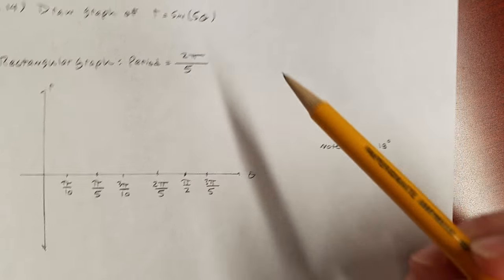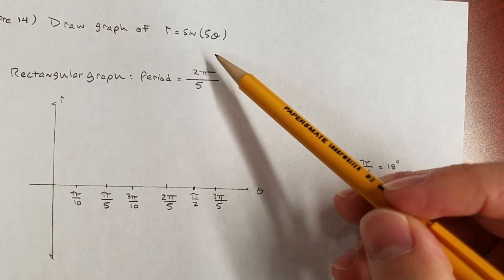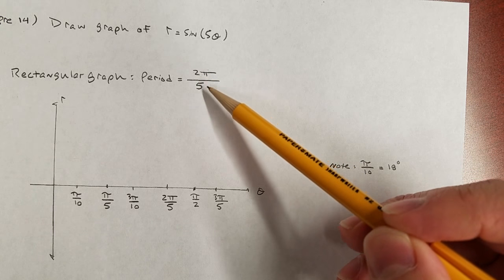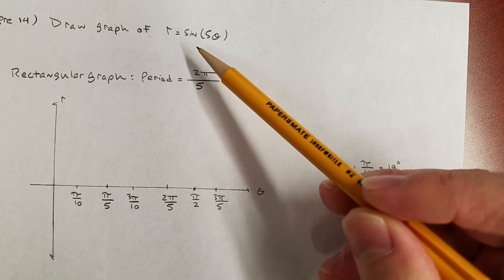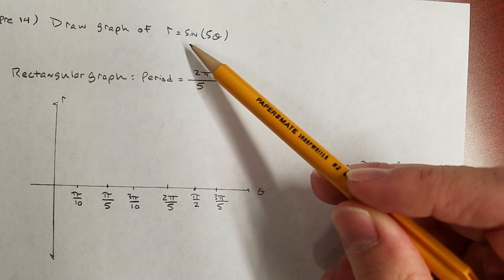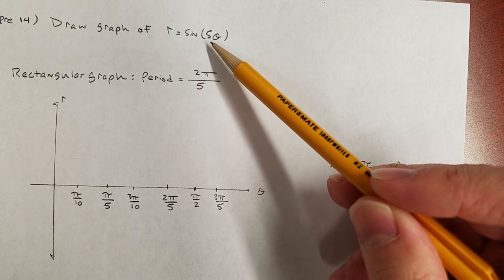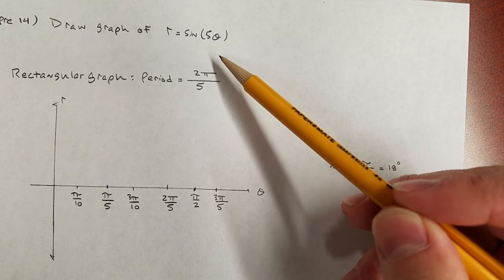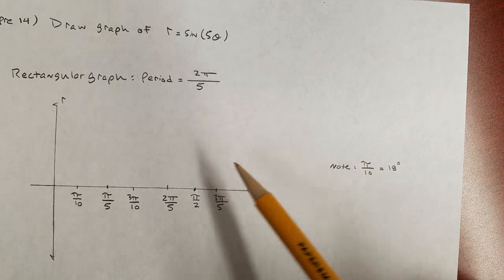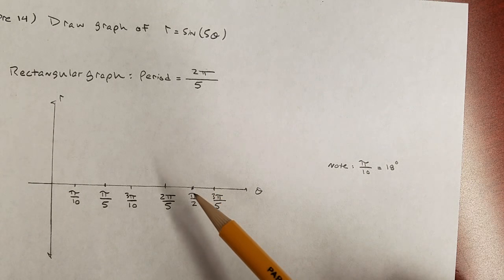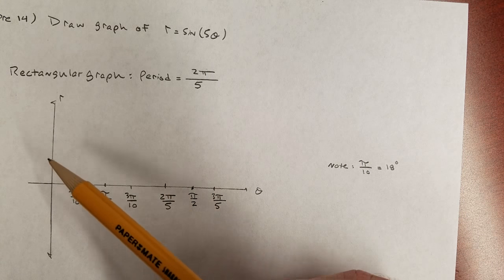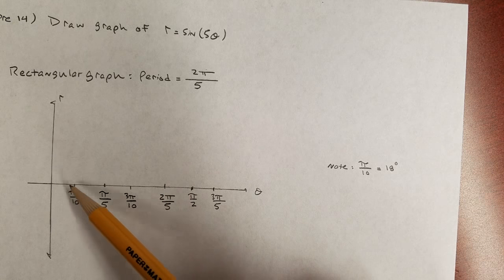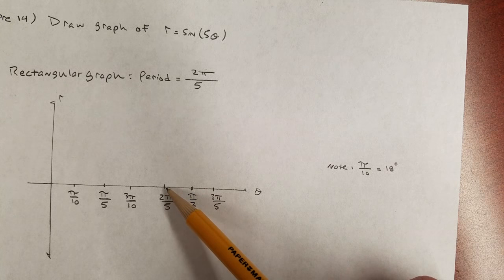Okay. So I noticed it's a sine wave. It has a period of 2 pi over 5. 2 pi is the standard normal period of sine theta. That multiplier of 5 will alter the period, and the period will become 2 pi over 5. So when I drew this graph, here's what we do. The sine wave completes its cycle from 0 to 2 pi, and we'll just divide it into fourths.